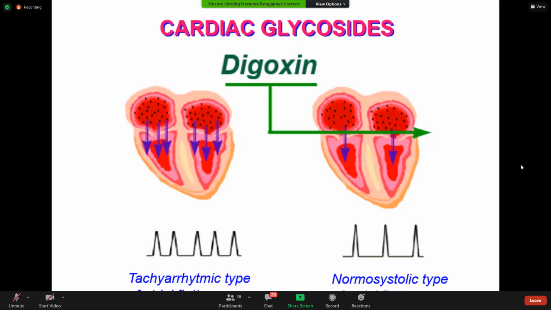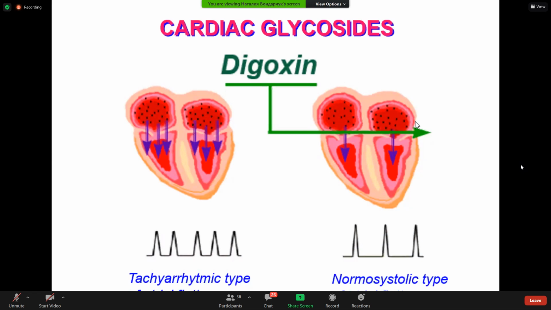But nowadays, in the treatment of heart failure, it's better to use drugs that decrease afterload and preload. So drugs that cause blood vessel relaxation are better to use. So digoxin, the example of cardioglycosides, can be used to treat arrhythmias, but not heart failure.